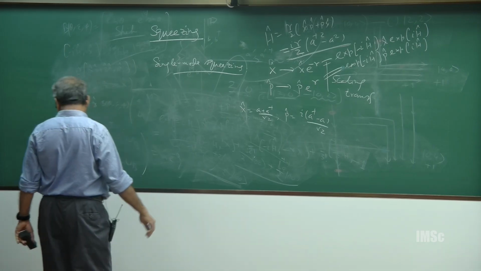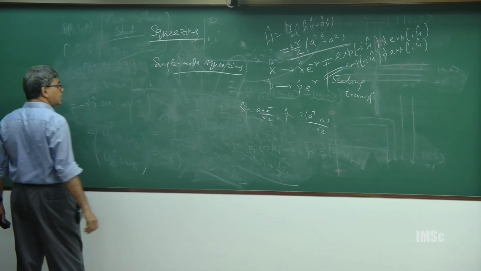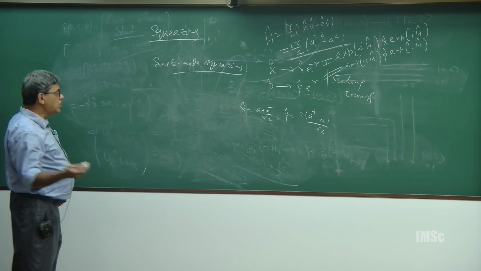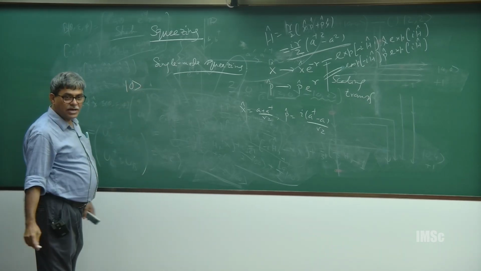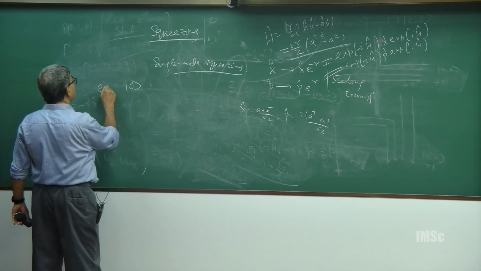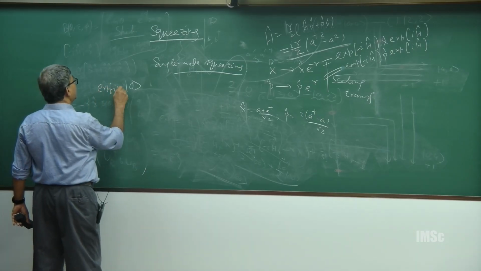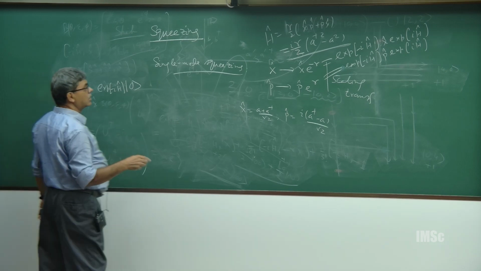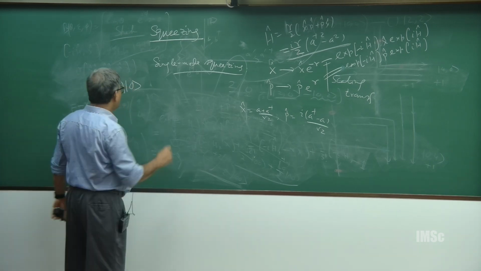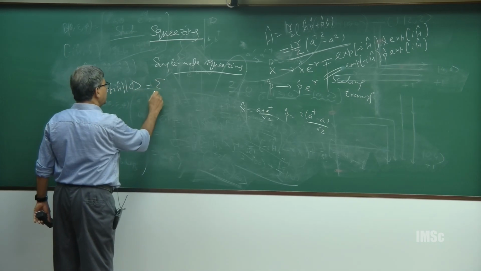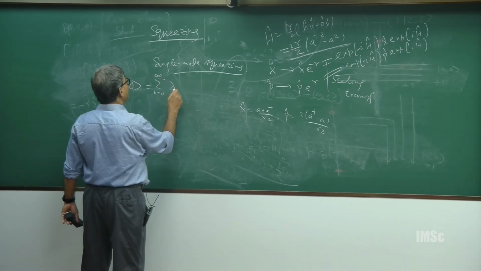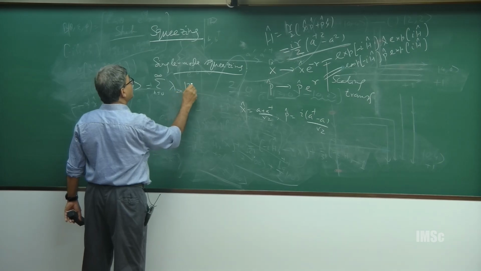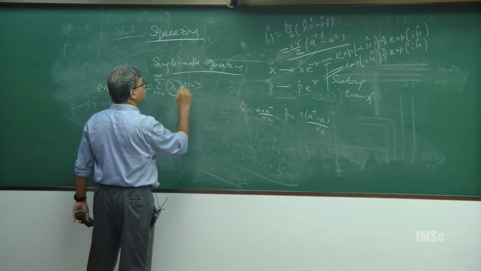So now, as I told you, if I apply exponential of minus i h on the ground state of the harmonic oscillator Hamiltonian, then it will have, with n equal to 0 to infinity, terms like lambda 2n, which will depend upon r.